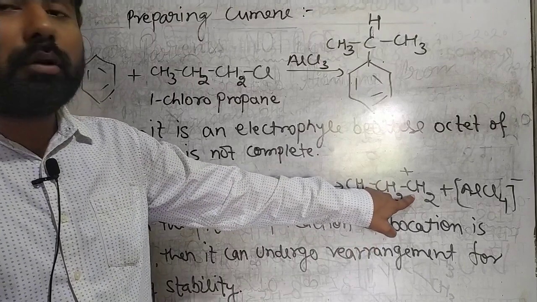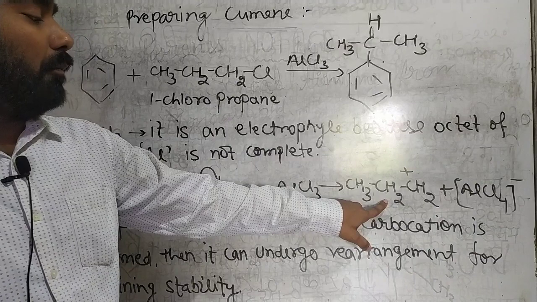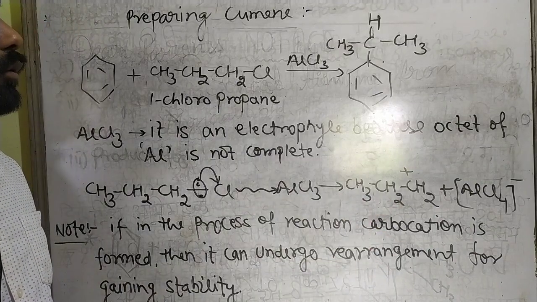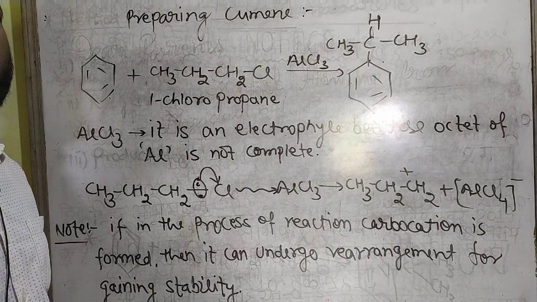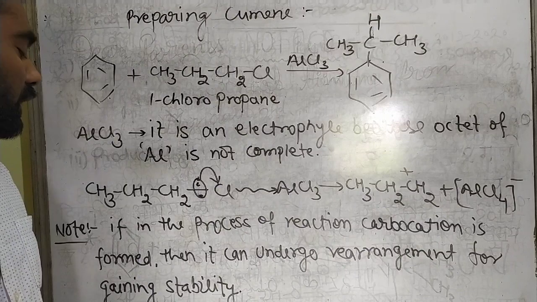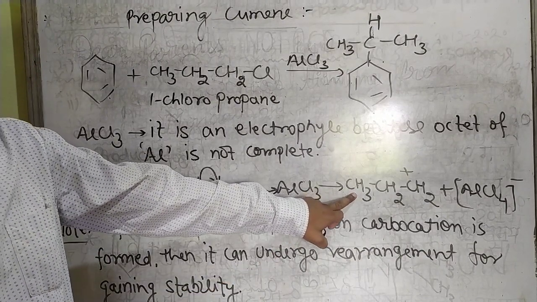The electrophile is a carbocation, specifically a 1 degree carbocation. So a 1 degree carbocation can rearrange itself to get transformed into 2 degree, if possible 3 degree, to gain stability. Hence this carbocation will get rearranged.